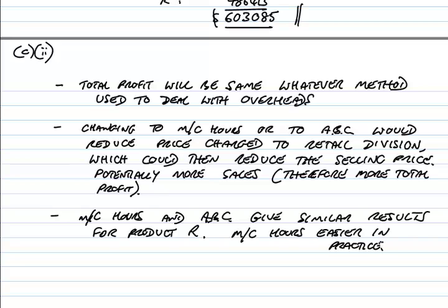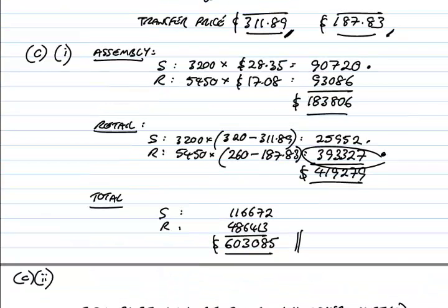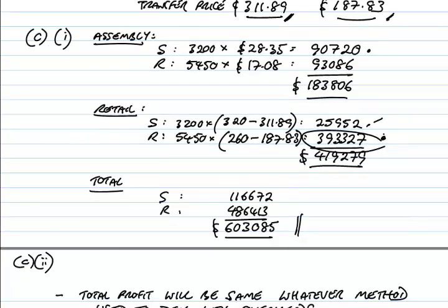So why don't we do it? Let's look back at the tables. Two things to consider. One is, what about the other product? The way we're doing it at the moment, product S, the retail division's making 319 profit, whereas if we switch to machine hours, it's only making 69 for the retail division. Product S we're talking about. Switch to ABC and it's only making 25.